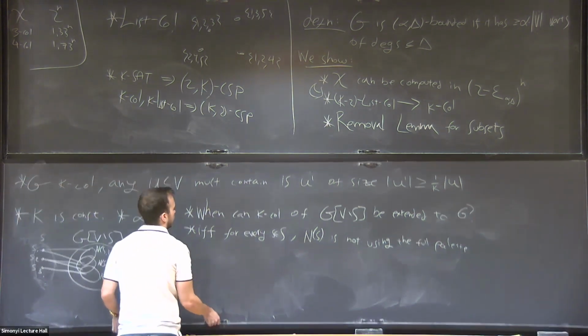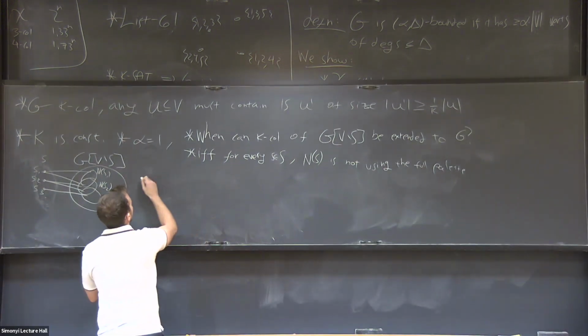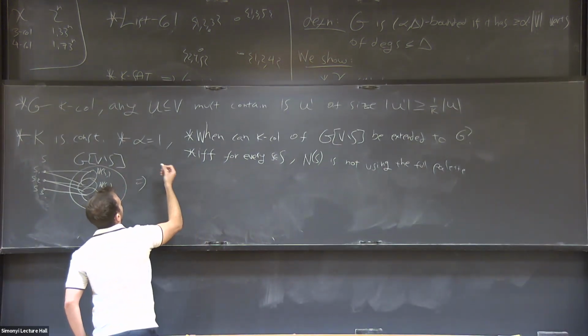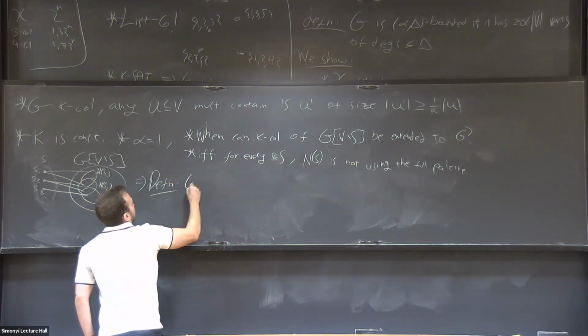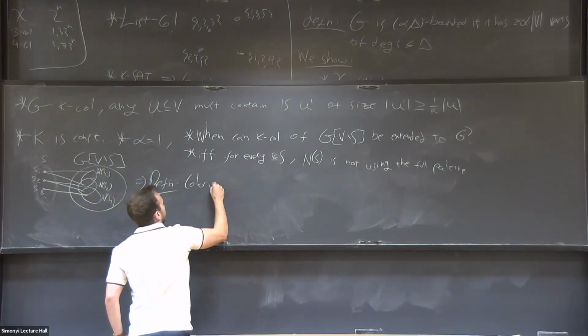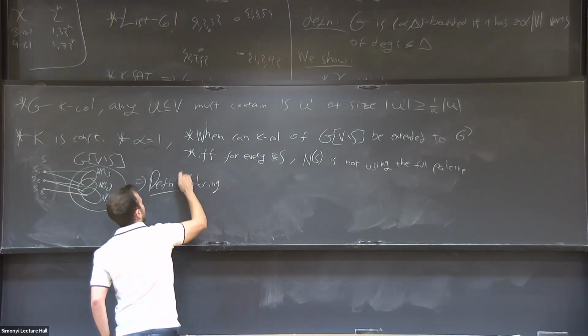So this leads to a definition of a new problem. Let's call it coloring with restrictions, or restricted coloring.